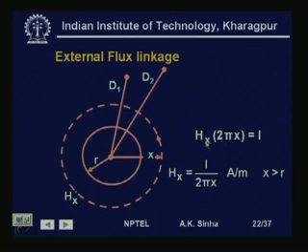Now, again we can take a concentric contour, and using Ampere's law we will get Hx into twice pi x is equal to I, because now this contour is enclosing what current? All the total current which is flowing in this conductor. Therefore, Hx into twice pi x is equal to I. From there we will get Hx is equal to I by twice pi x ampere per meter for x greater than r.